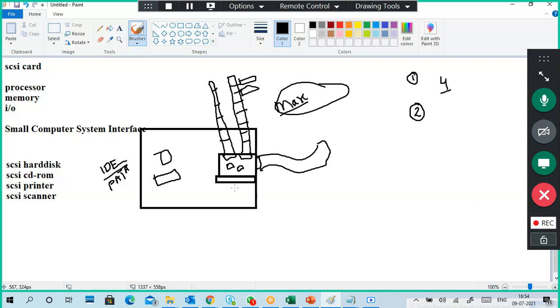It will handle the entire data access, the read and write of data in the disk, and handling the devices, everything will be taken care of by your SCSI adapter only, not by your processor or RAM. So the burden on the CPU will be reduced.